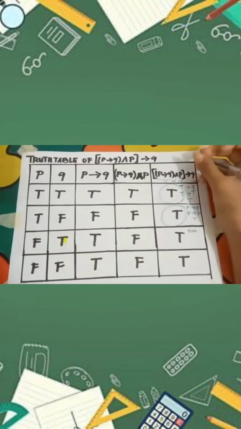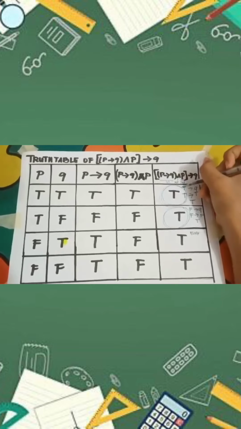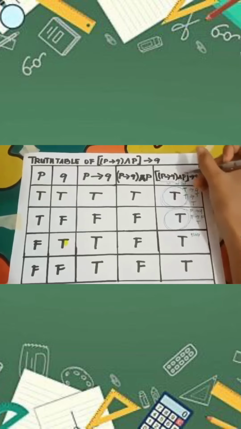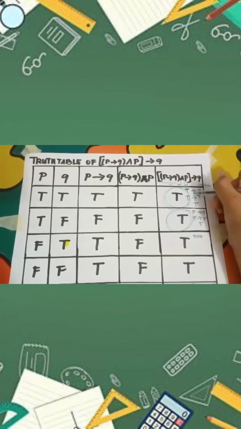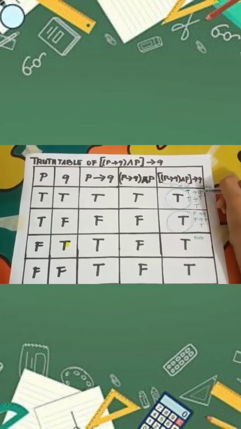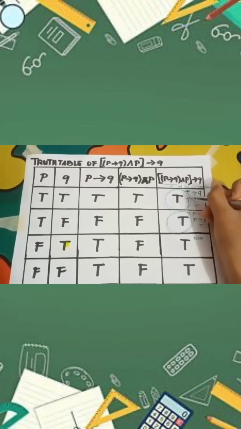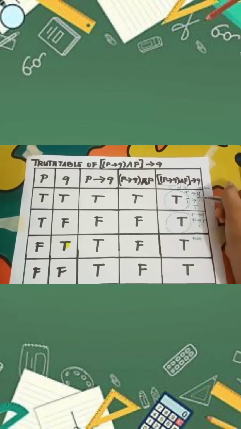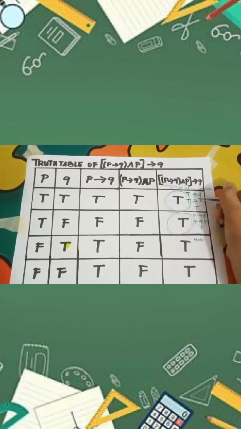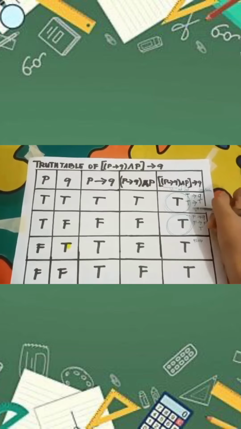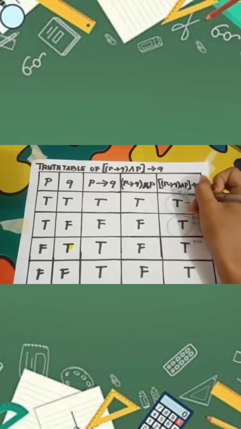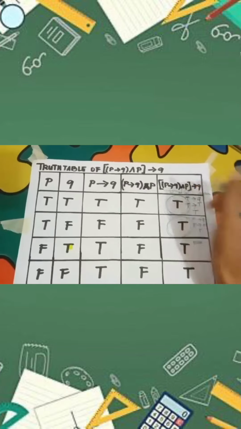So our first and second premise is true and implies the variable q. So true implies q is true. So true implies true is true. So that is how we got true.